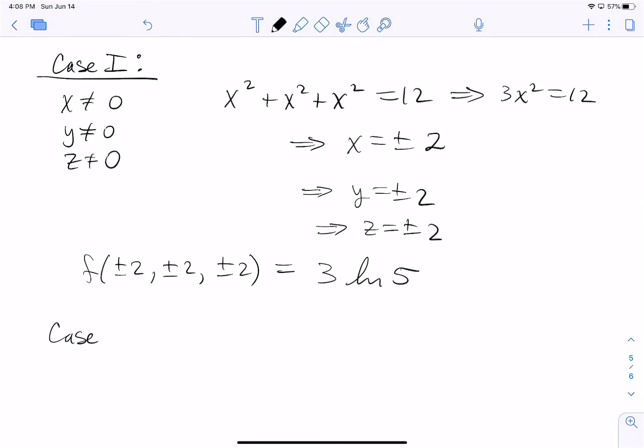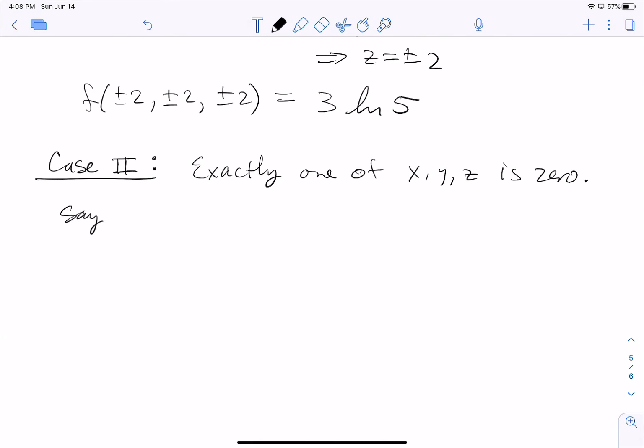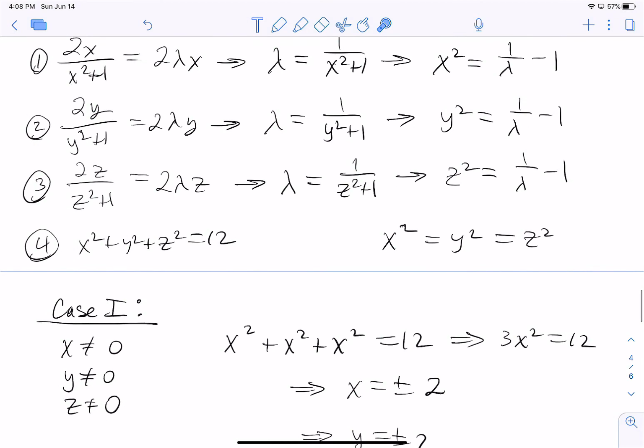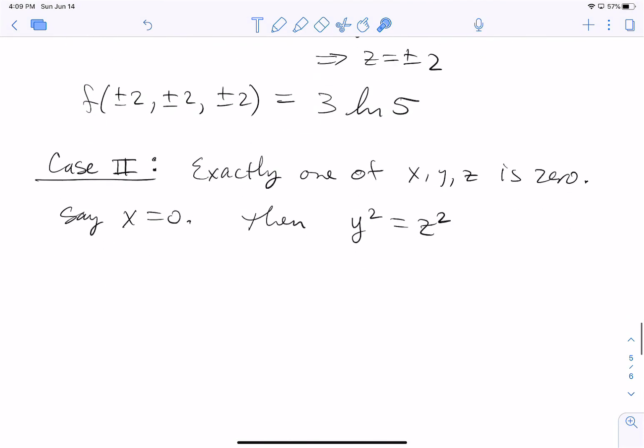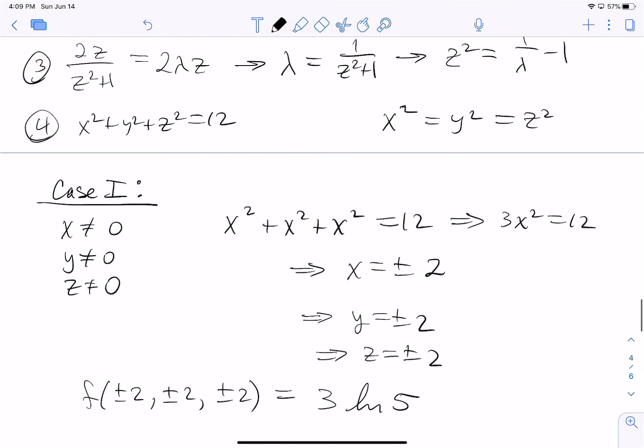Case 2 is the one in which exactly one of x, y, or z is equal to 0. Let's say that it's x is equal to 0. Then we still have that y squared is equal to z squared from the equations that we worked with lambda. And the constraint equation then becomes, say, y squared plus y squared is equal to 12. Remember, it was x squared plus y squared plus z squared equals 12.